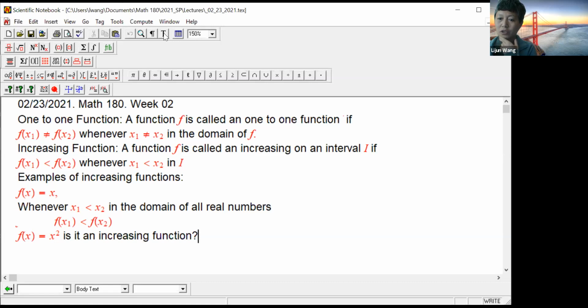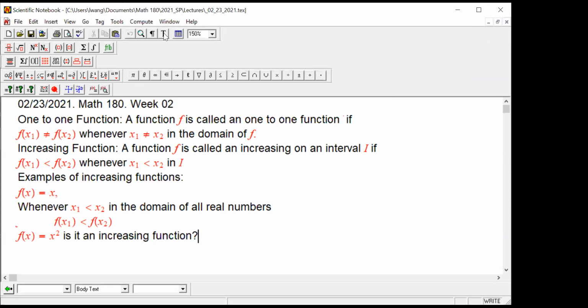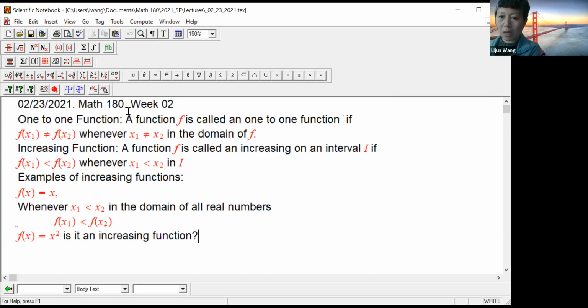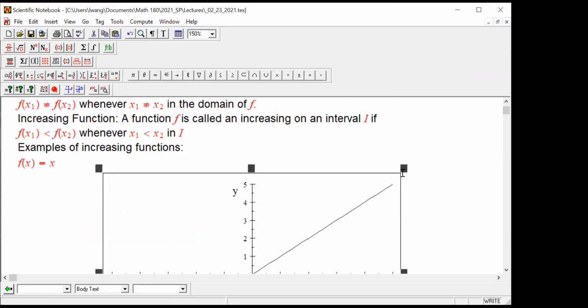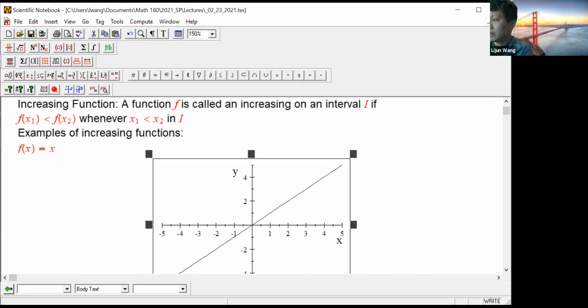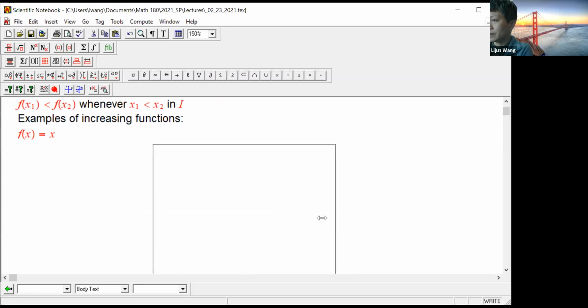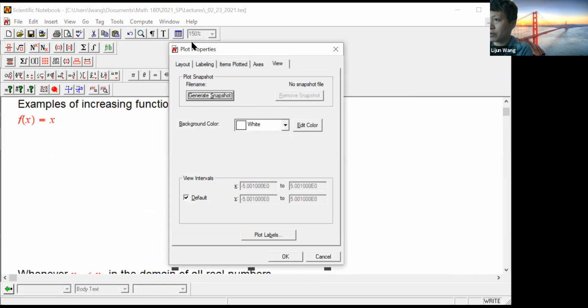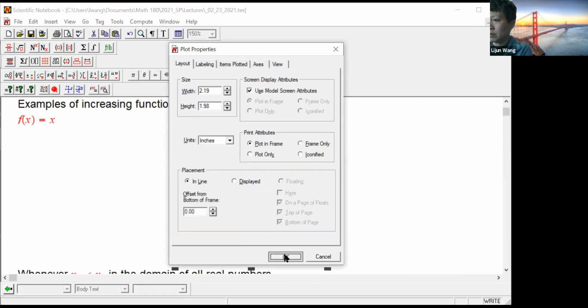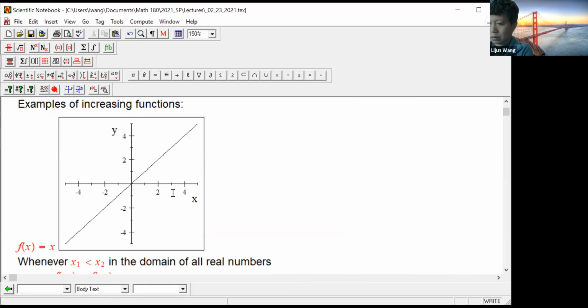What is the graphic feature of an increasing function? Do you guys have graphed this function? So how does it look like? Everybody should be able to graph this one. I trust you guys have graphed this function. How do you illustrate that this function is increasing?